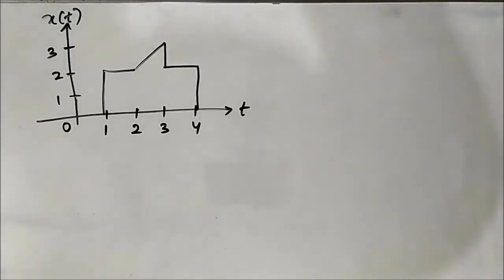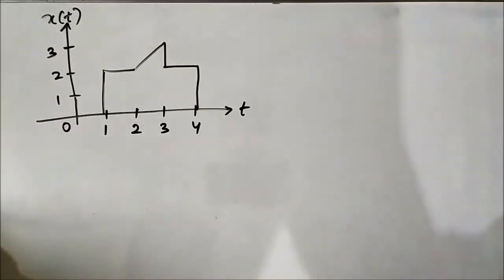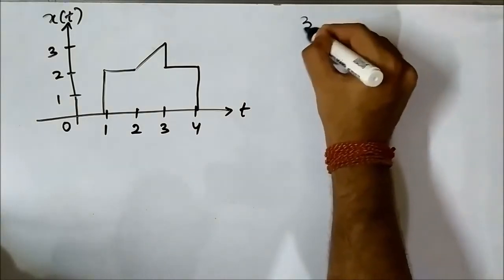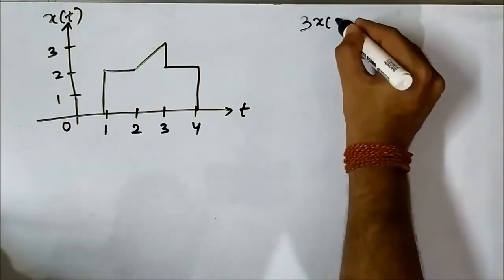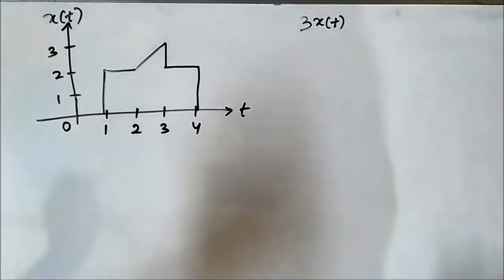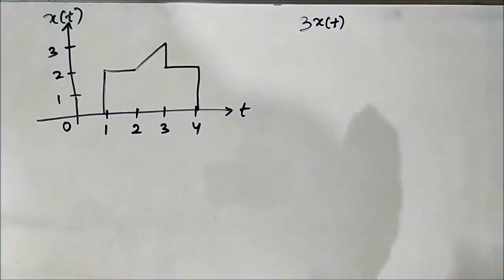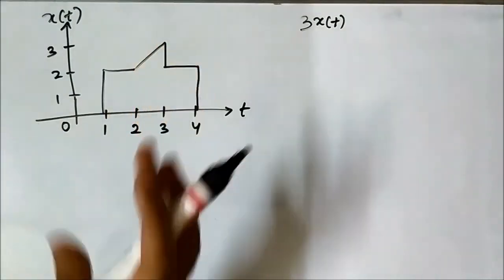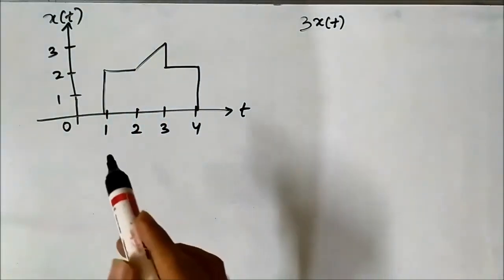So here we have another signal, and let us say we will perform amplitude scaling by a factor 3x(t). Again the concept stays the same. You have to identify the amplitude variation points and multiply them with 3.